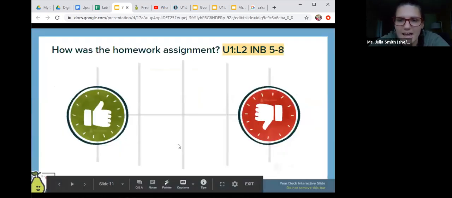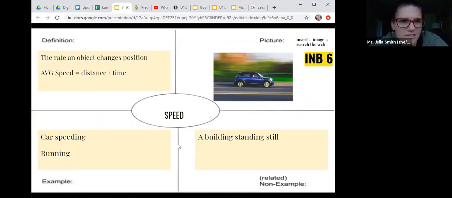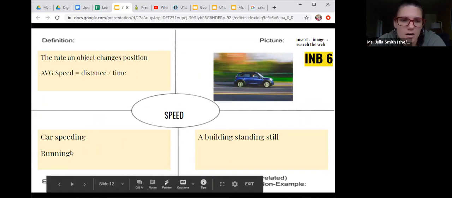So I have my examples here for speed. Remember, speed is the rate at which an object changes its position. We use the formula of distance divided by time to calculate speed. I decided to do a speeding car as my example and running. And then a non-example would be a building standing still.